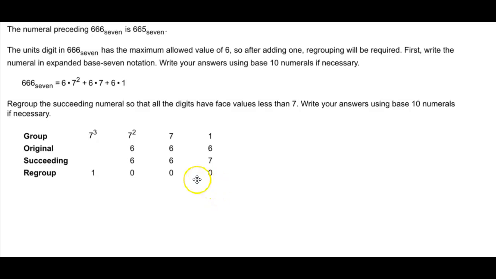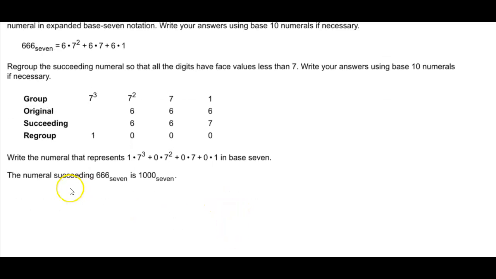And then regroup, we get 1, 0, 0, 0. So write the numeral that represents 1 times 7 to the third power plus 0 times 7 to the second power plus 0 times 7 plus 0 times 1 in the base of 7. And therefore, the numeral succeeding 666 with a base of 7 is 1000 with a base of 7.